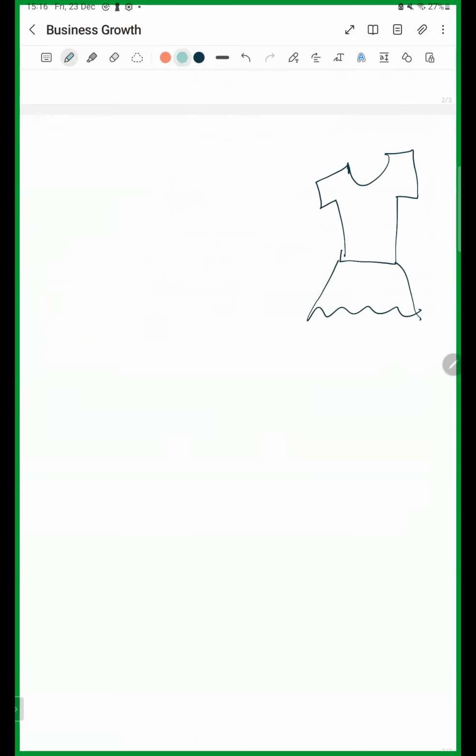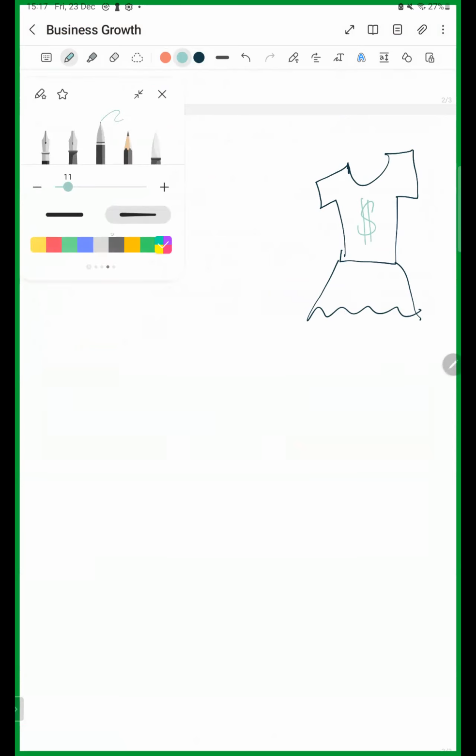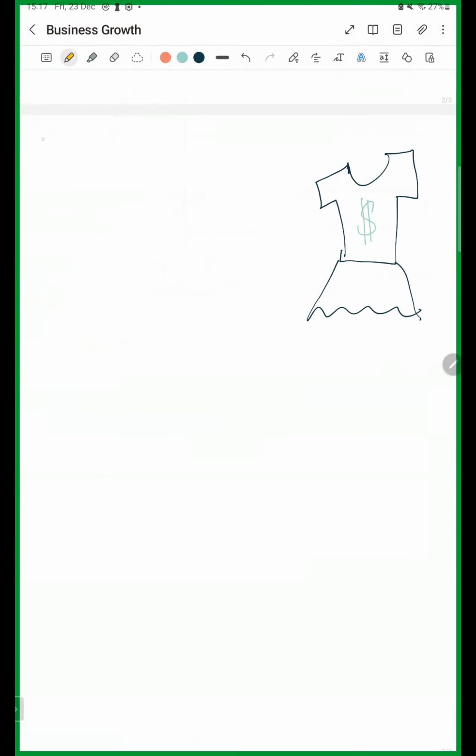It cost a lot of money. Let's say your friend's name is Sarah, and Emily wants to buy this dress that costs $10,000. I won't bring in a lot of numbers here, I'll just make it simple.